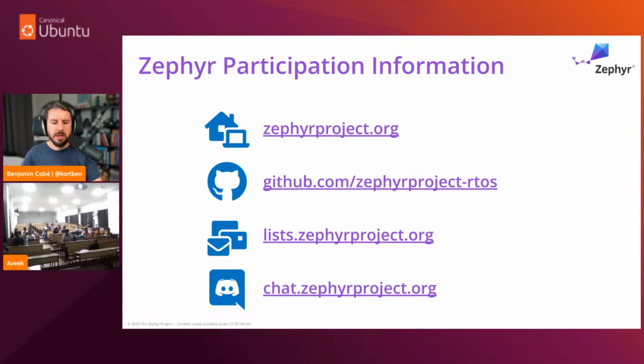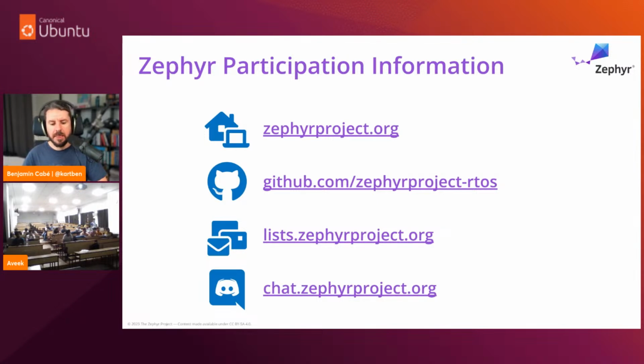Those links speak for themselves, hopefully: the main project website, and the GitHub repo where you can engage. If you find a bug, or have an idea for a contribution, like a driver for a sensor that wasn't supported in Zephyr, you can submit a pull request.